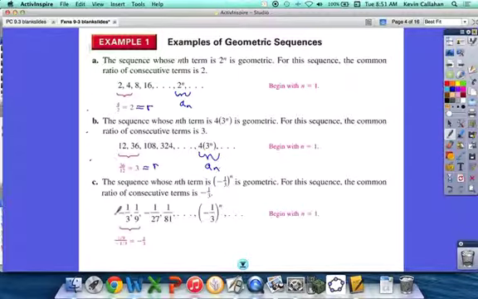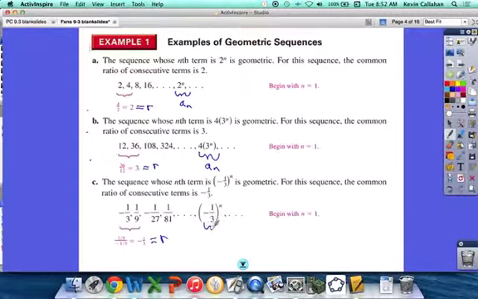And the last one, even with fractions and even with terms changing signs, right? We have negative 1/3, positive 1/9, negative 1/27, positive 1 over 81. Do you see the pattern in terms of the denominator? 3 to 9 to 27 to 81. So the r is negative 1/3.